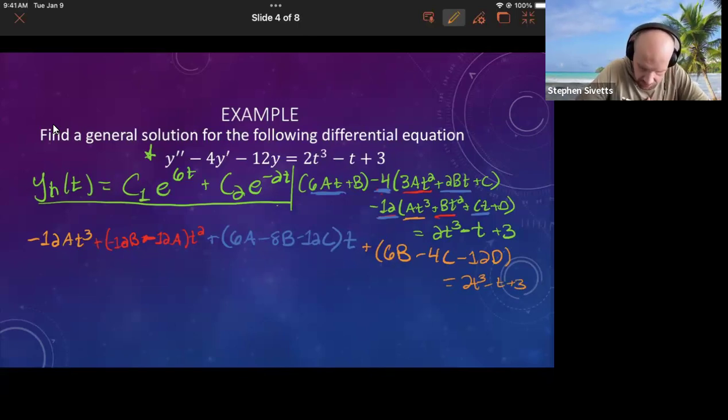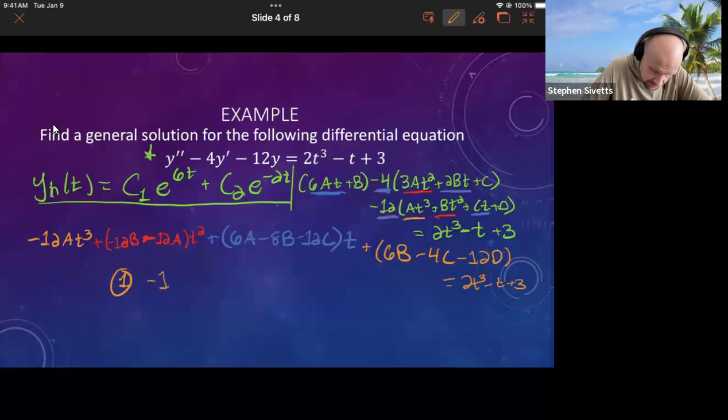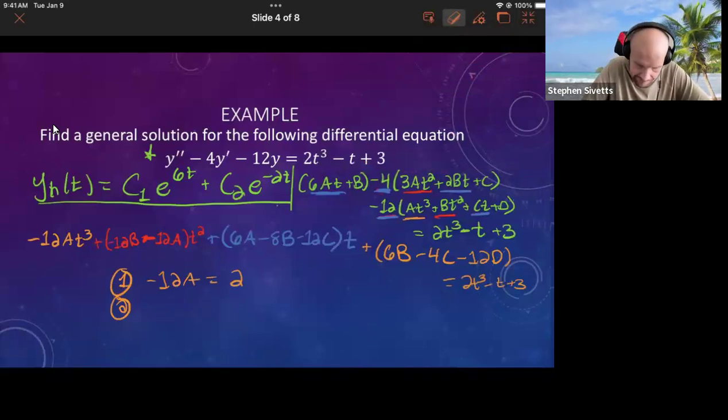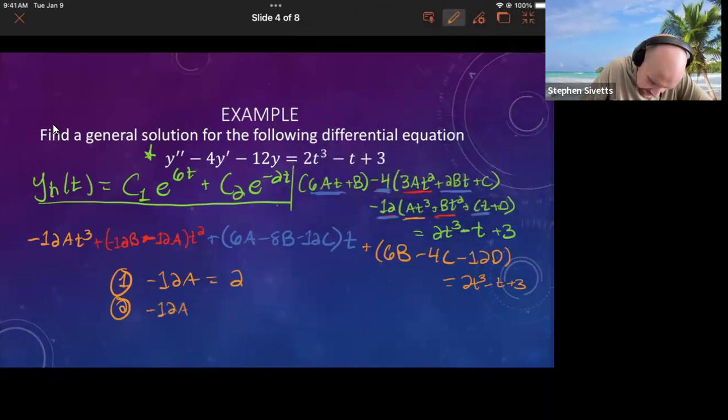Since these polynomials have to be equal, their corresponding coefficients have to be equal. So what that means is minus 12a equals 2. That's the t cubed coefficients. The t squared coefficients would correspond to minus 12a minus 12b equals 0.